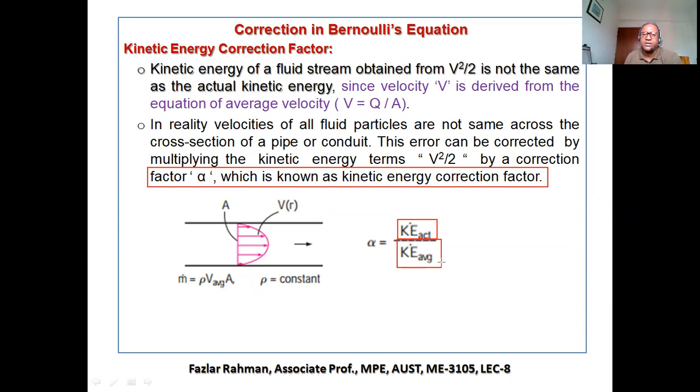So just remember, we need to add a correction factor to Bernoulli's equation, and that factor is alpha. What is alpha? Actual or real kinetic energy divided by the average kinetic energy of the fluid.